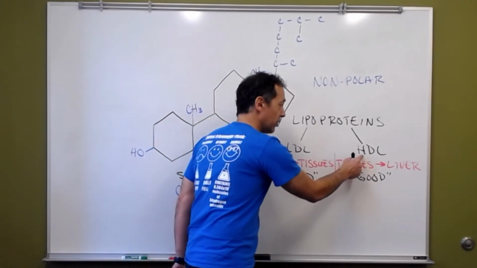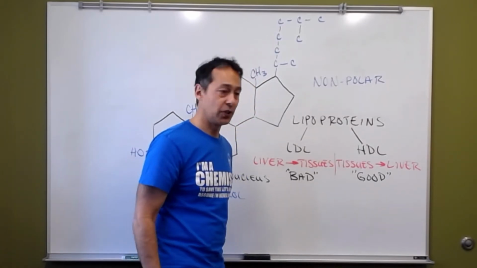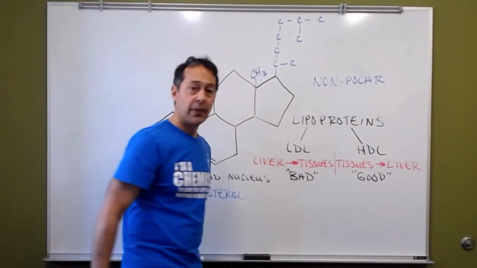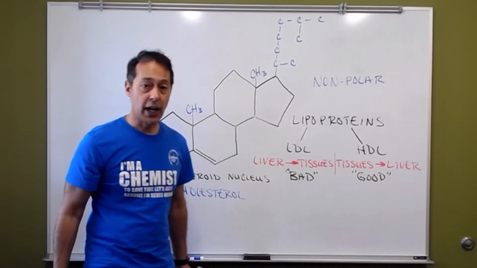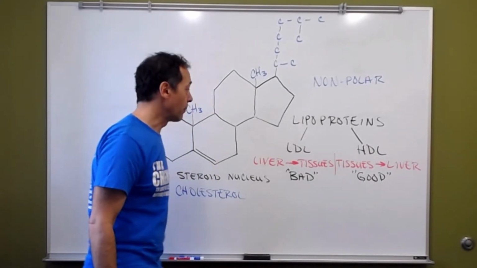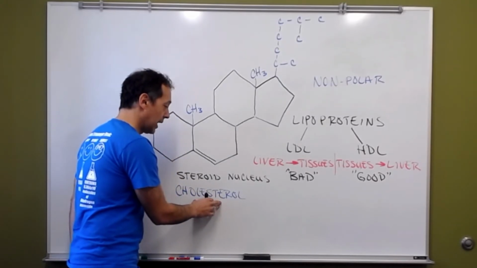It's almost as if these garbage trucks are picking up cholesterol and cleaning it out of your cardiovascular system. So you want to have lots of this, not so much of this stuff here. And you're like, okay, so how do I fix that? How do I prevent myself from having high cholesterol? Well, cholesterol is produced primarily by animals.